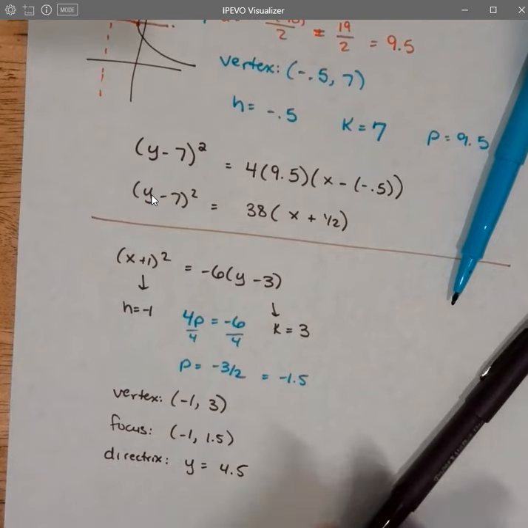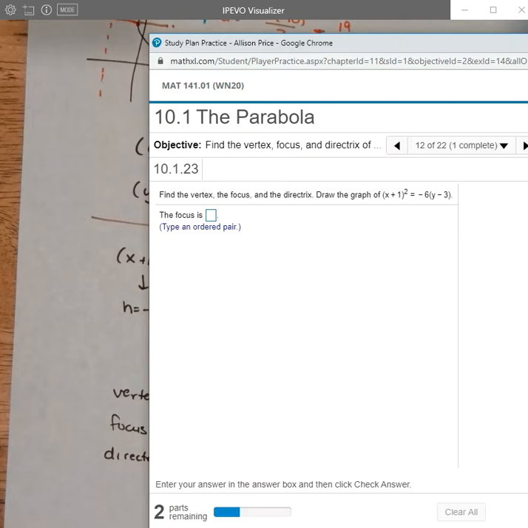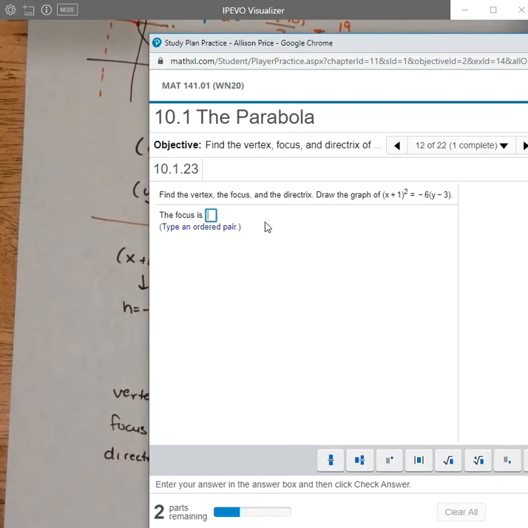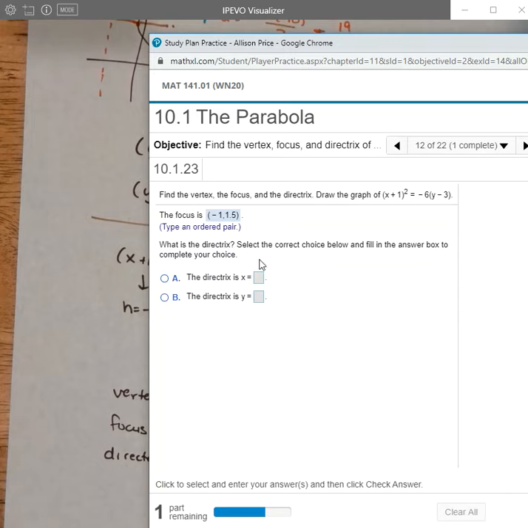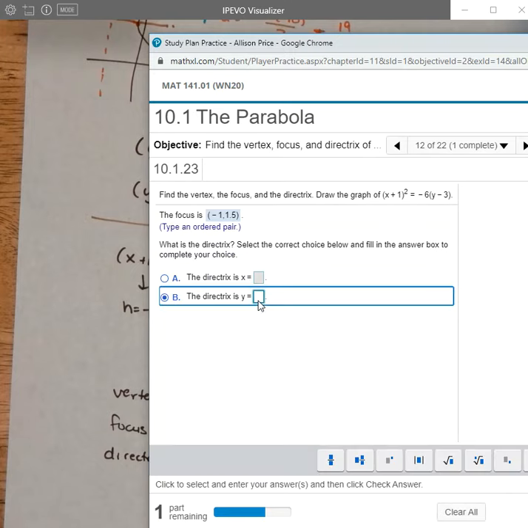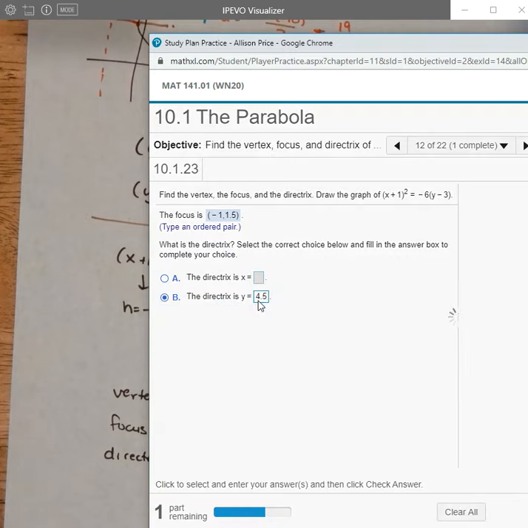Okay, I'm not sure if it wants decimals or fractions, so I'm going to try, first of all, the focus in decimal form. It's negative 1, 1.5. If it wants fractions, it'll tell me. Cool, decimal was fine. And then the directrix. The directrix is y equals 4.5. And then draw the graph.